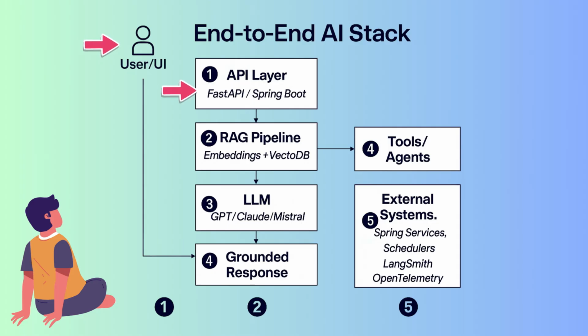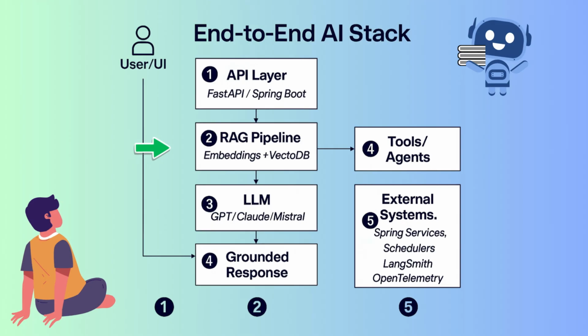The request first hits the API layer, which is step 1. This is the front door of the AI system. Here we validate input, authenticate the user, apply rate limits and log requests. Whether it's FastAPI or Spring Boot, this works exactly like any backend service. The LLM never sees raw user input directly.